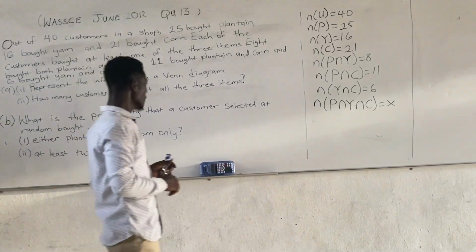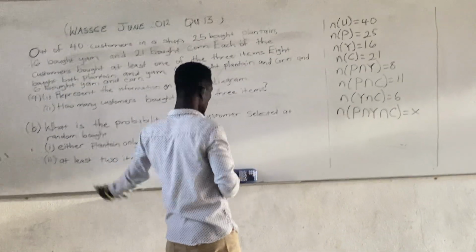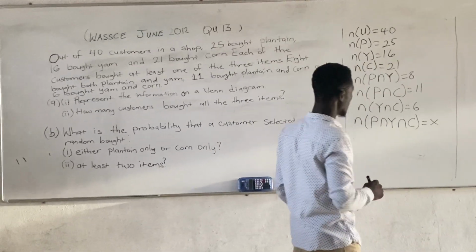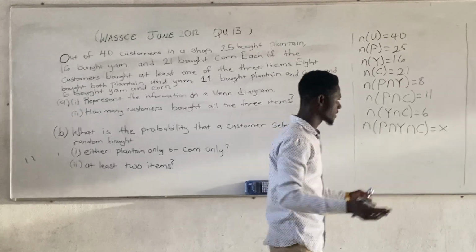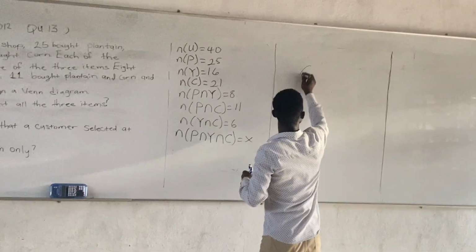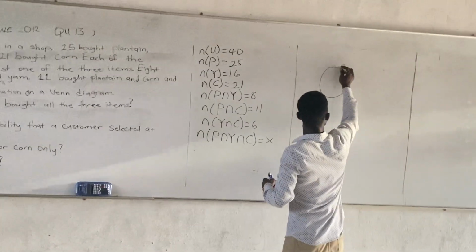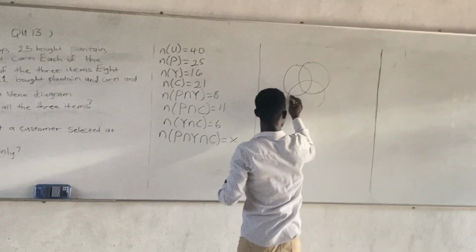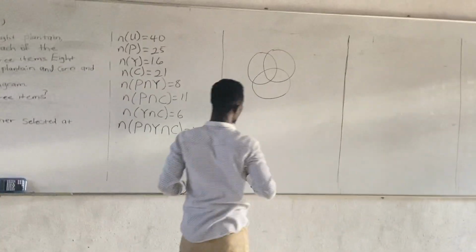So before you can answer the sub questions to this question, you need to get a full sketch of the Venn diagram. And this is a 3-set problem. You represent the subsets by the circles here.